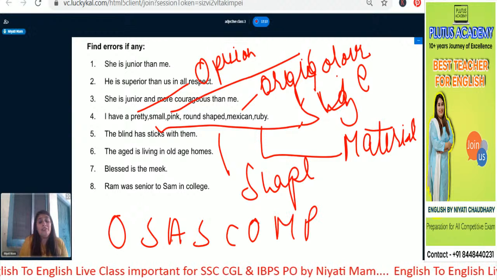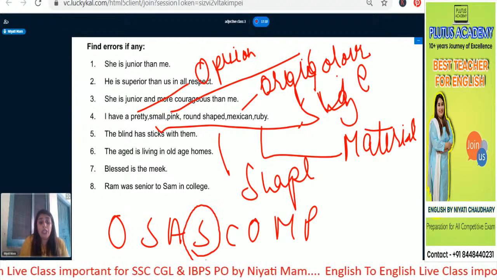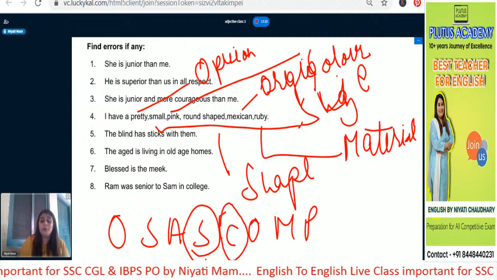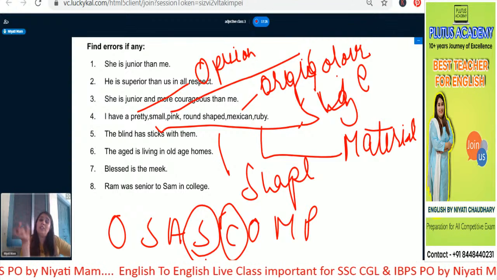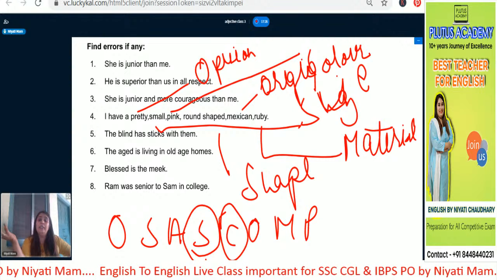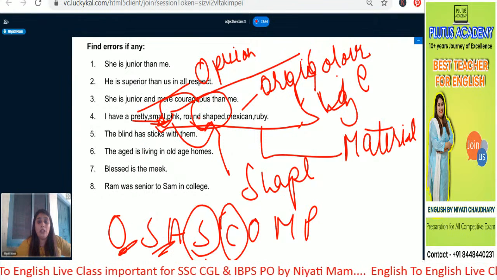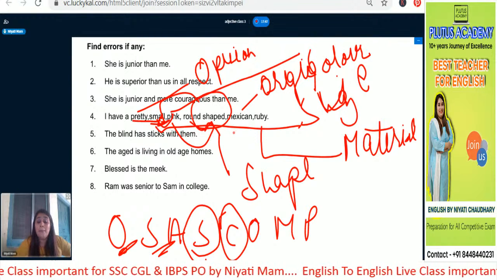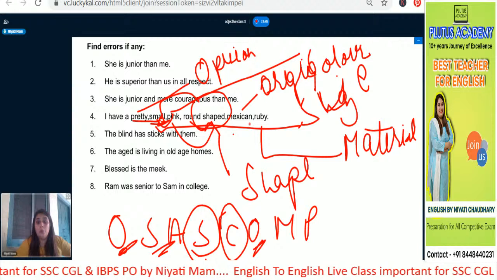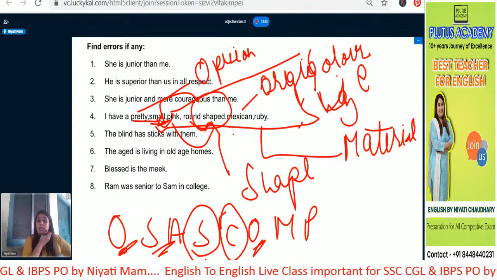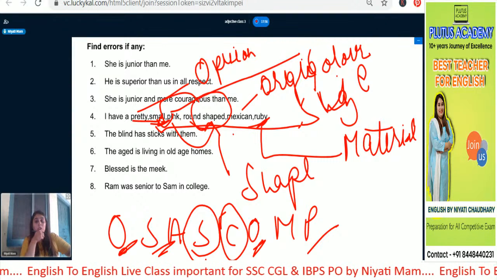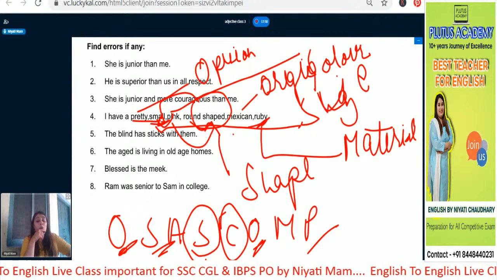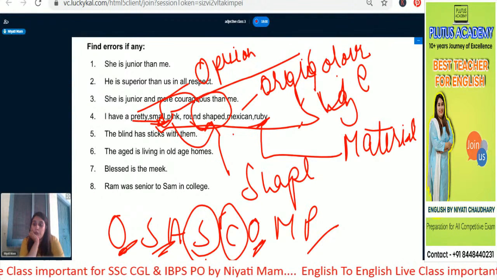So it is very clear that you need to mention shape first, then afterwards you can mention color. But in the sentence, color is mentioned earlier than shape, so it should be replaced. The correct answer is: I have a pretty small round shaped pink Mexican ruby. I hope all the sentences are clear to you.